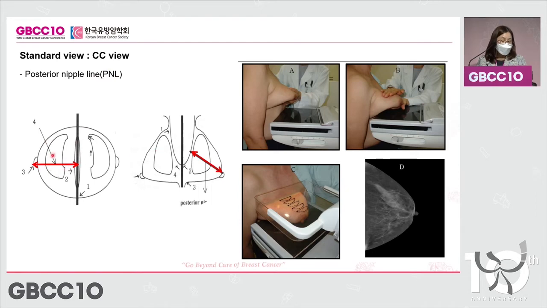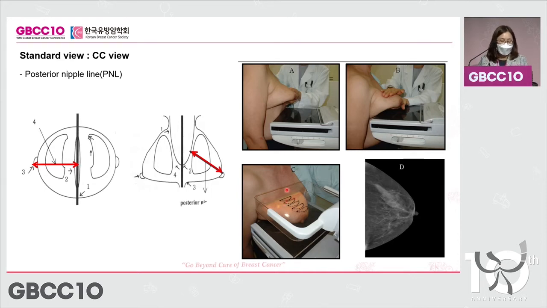And from the posterior nipple line, this is the standard view, and this is the volume of the breast. So the volume of the breast has to be somewhat matched. So the cassette will have to be placed here, and the compressor will have to come down from the top. And what I say to our radiologists is to firm the position of the patient so that she does not move backwards.